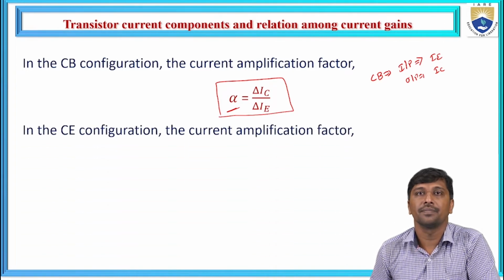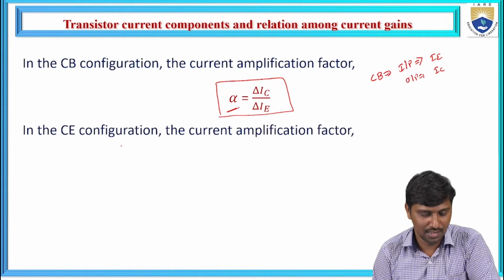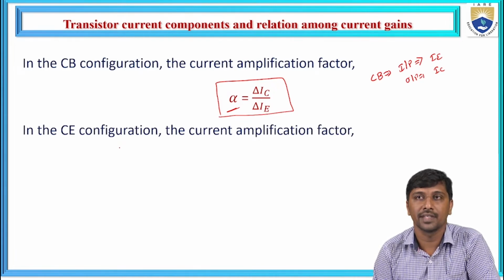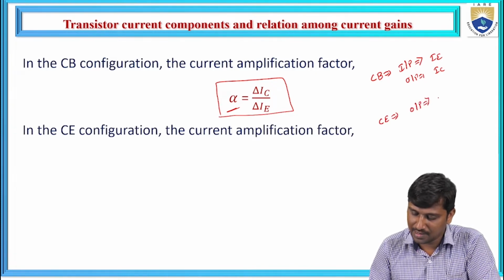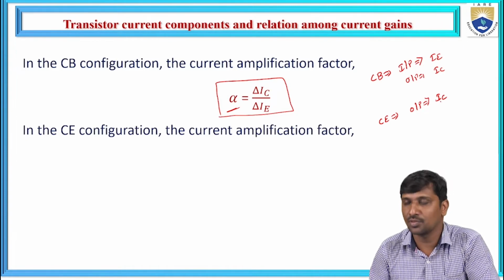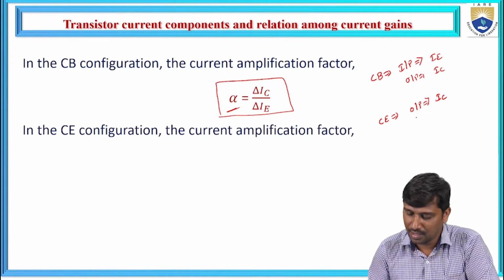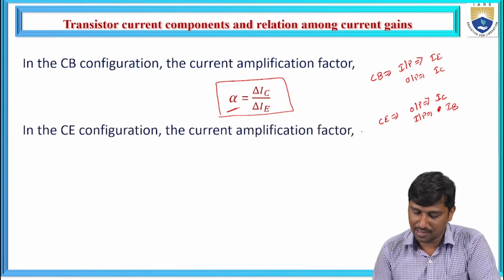Similarly, if you define the DC current gain or amplification factor in a common emitter configuration, the output terminal acts as the collector terminal, so the collector current flows across the output terminal, and the input terminal acts as the base, so we observe the base current, IB. Here it is defined as beta.